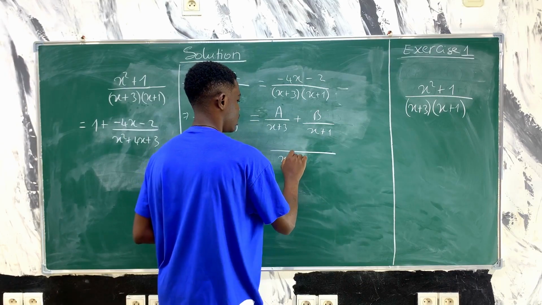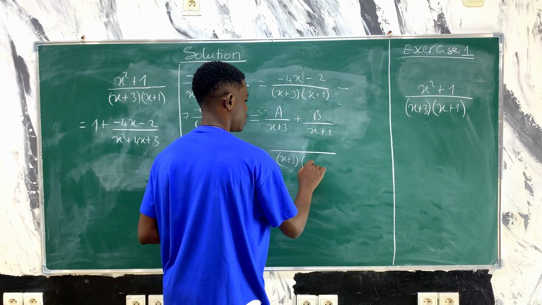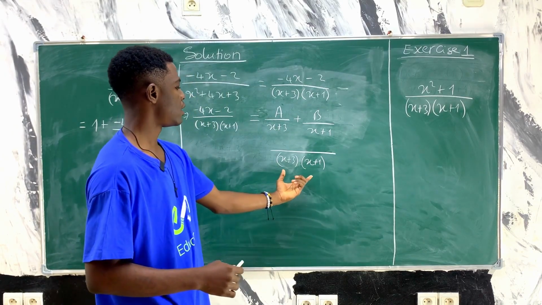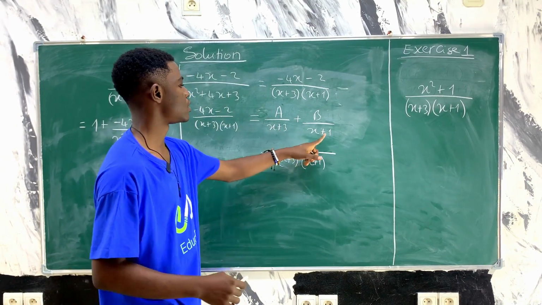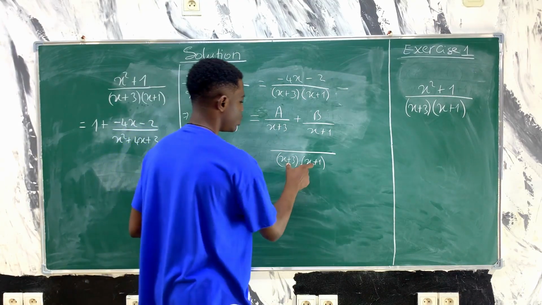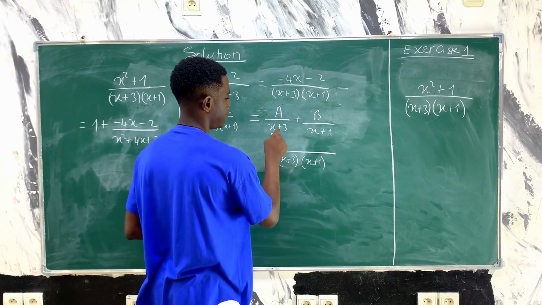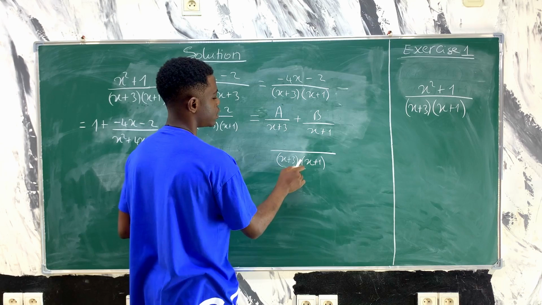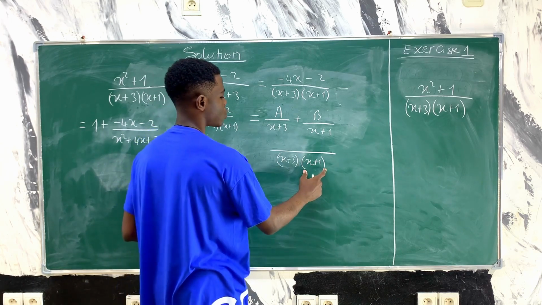Our LCM is x plus 3 into x plus 1. When we find our LCM like this, it's just the product of these. In this case, that's the LCM. We do this divided by this. We will see that the x plus 1 and the x plus 3 are going to cancel. We'll be left with x plus 1.